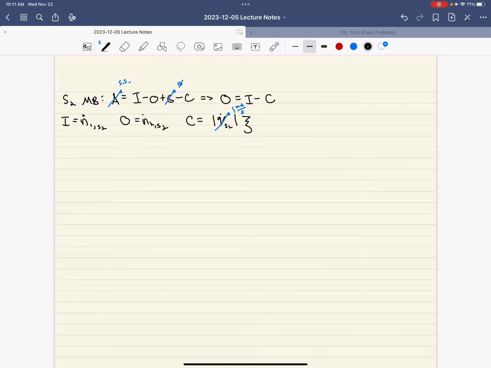So, from our material balance, we get that N2S2 is equal to N1S2 minus psi. Okay? All right, so we'll call that equation 2. We can now relate the moles coming out of the reactor to the moles coming in and the extent of reaction. Let's now move on to CS2.